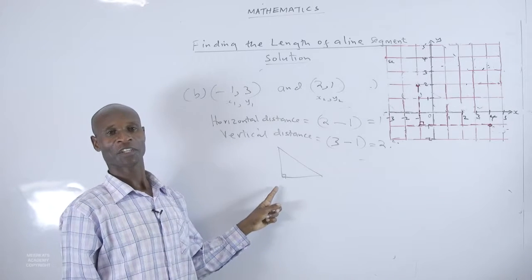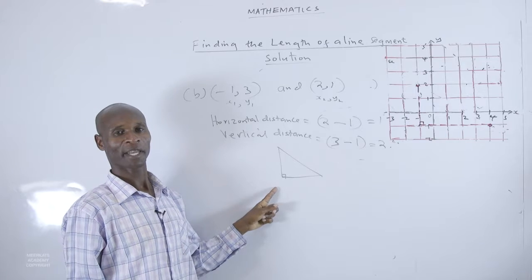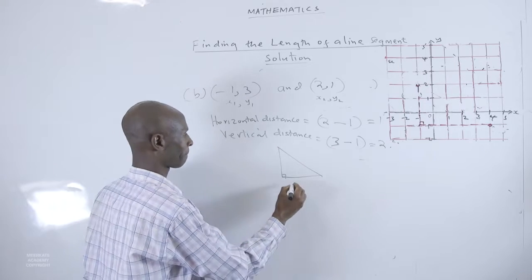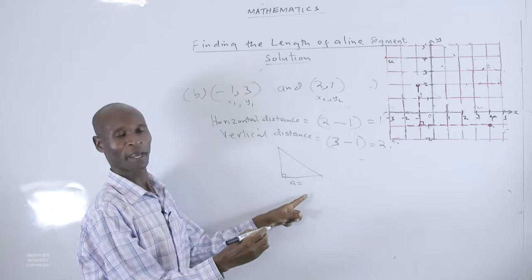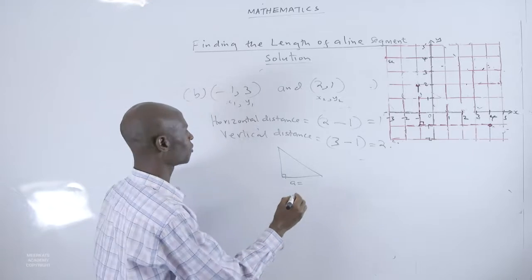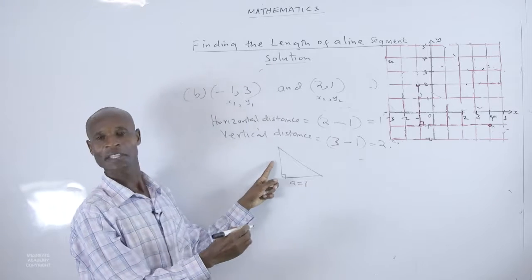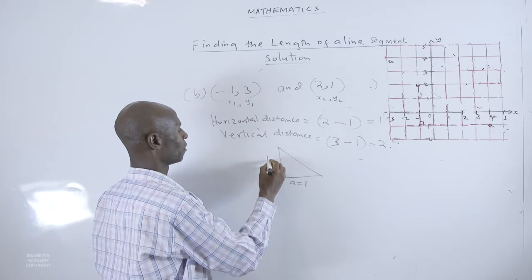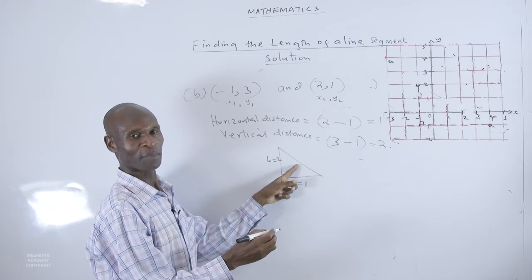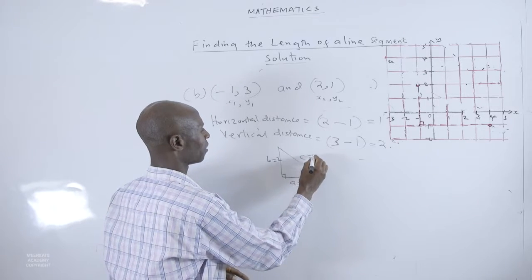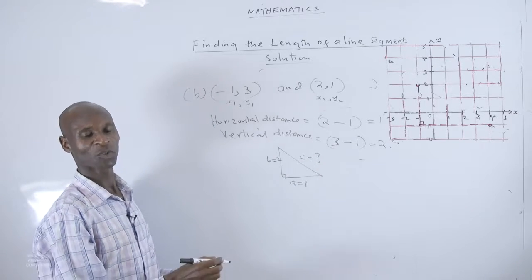If we sketch our right-angled triangle, A, which is the horizontal distance, is 1. Then B, which is the vertical distance, is 2. We can now get C, which is the length between the 2 points.